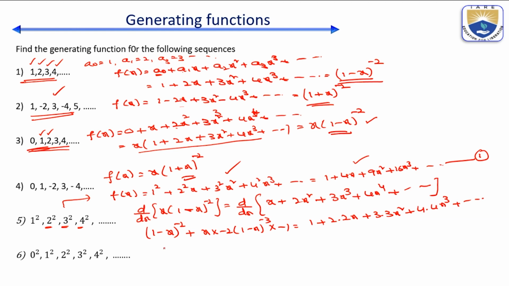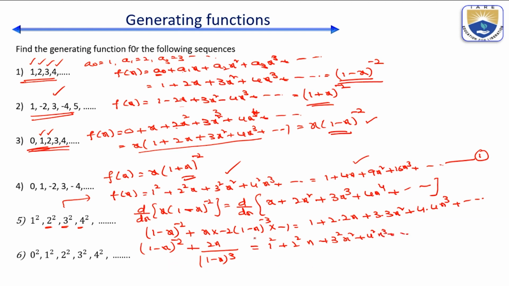So now I am going to write this as (1 minus x) whole to the power of minus 2, plus 2x by (1 minus x) whole to the power of 3, which equals 1 plus 2 square x plus 3 square x square plus 4 square x cube plus and so on.